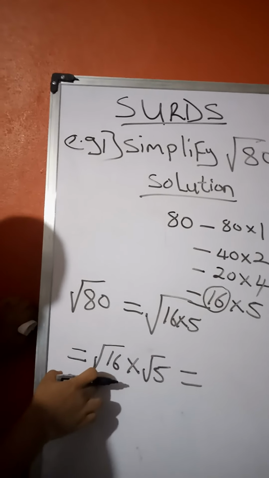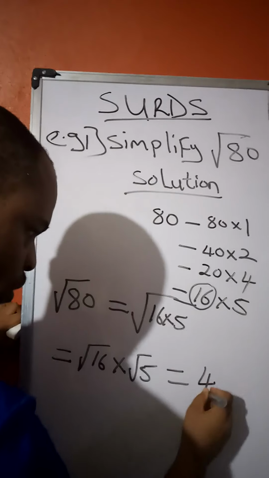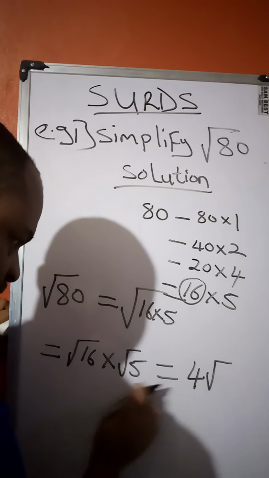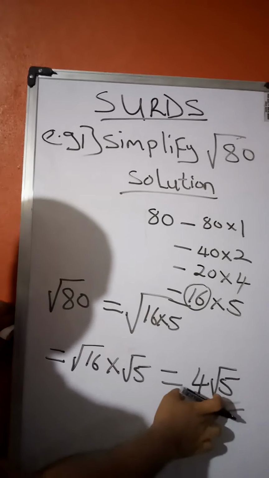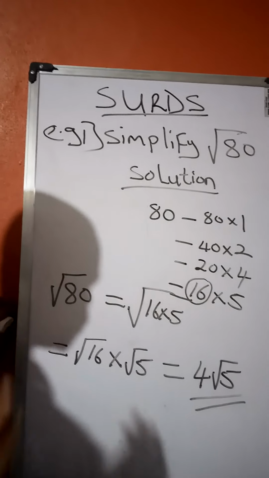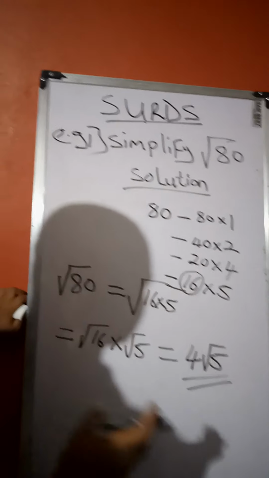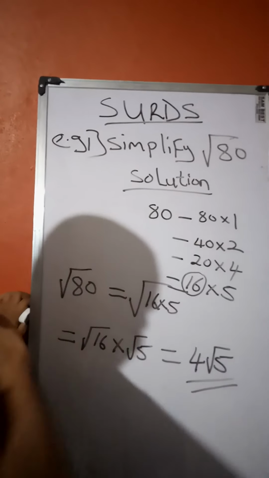What is root 16? Because it's a perfect square, the square root of 16 is 4. Root 5 is not known, but we've reduced root 80 to its simplest form, which is 4 root 5. I'm sure this example is clear enough. You can see how we got out the factors of 80 to determine the perfect square there.